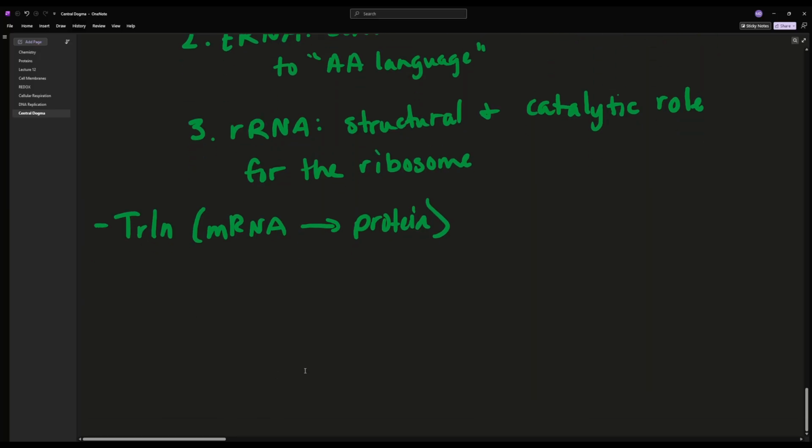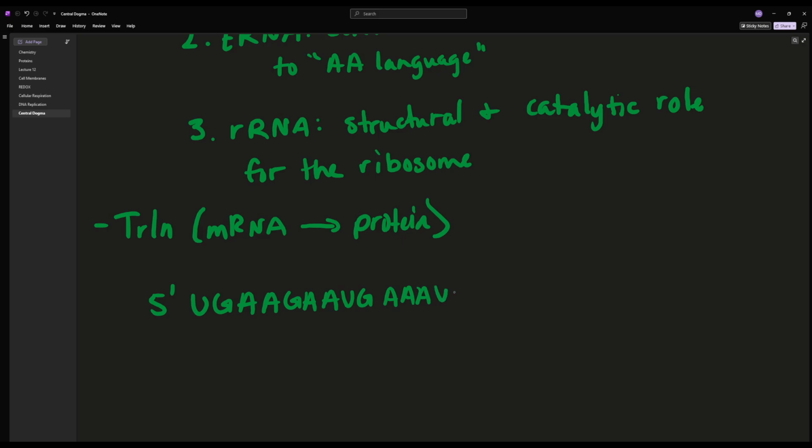All right, so if we have what's called a nascent mRNA, which basically means newly synthesized mRNA, something like, I don't know, UGAAGAAUGAAUGGAGUCCAGCAU.